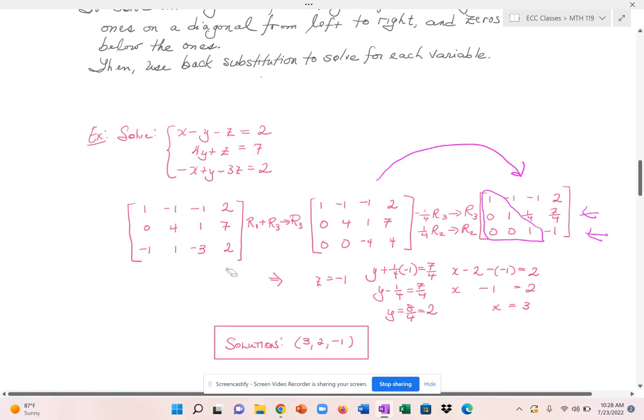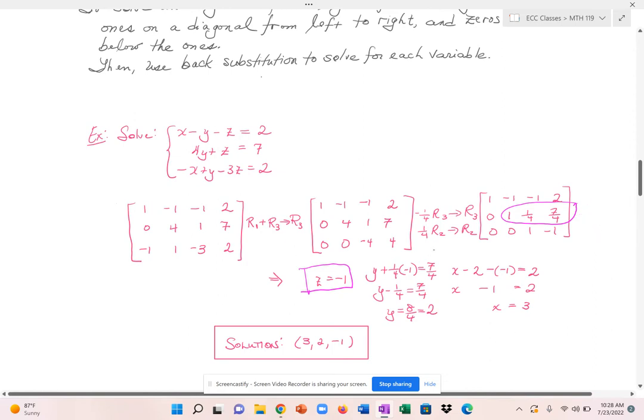And now I can solve for the system. This last line right here tells me that z is equal to negative 1. So that was our first answer. And then I can plug in right here. The second row is saying that y plus 1/4 z equals 7/4.